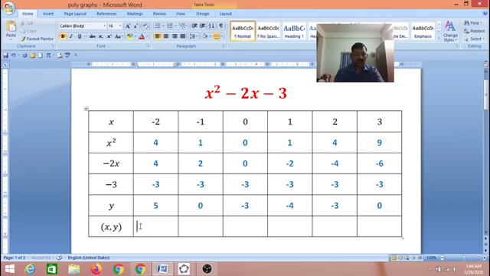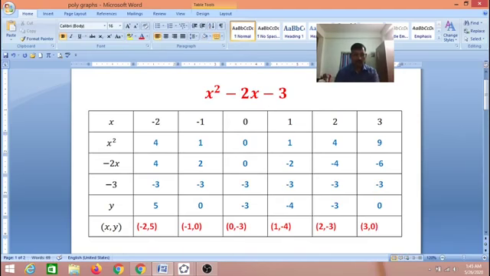So here you can observe that the points are minus 2 comma 5, then minus 1 comma 0, then 0 comma minus 3, then 1 comma minus 4, then 2 comma minus 3, then 3 comma 0.